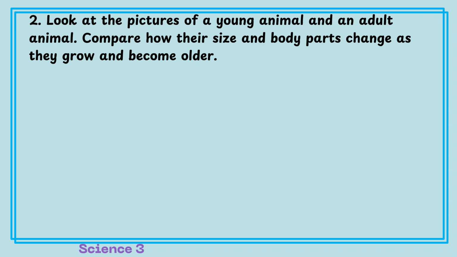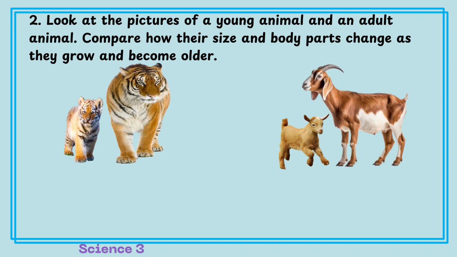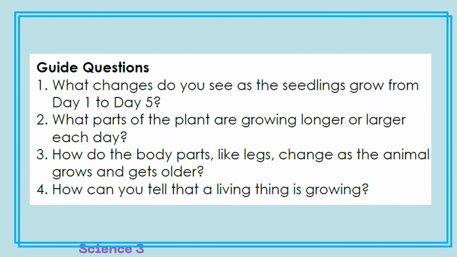2. Look at the pictures of a young animal and an adult animal. Compare how their size and body parts change as they grow and become older. Here are the guide questions. 1.